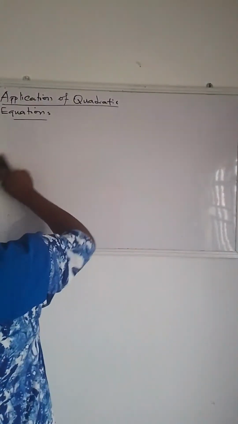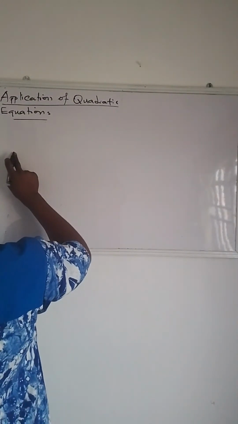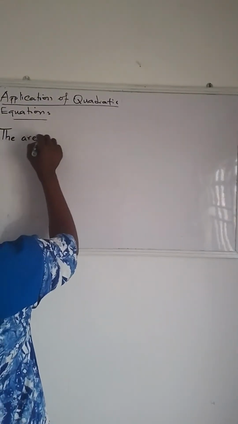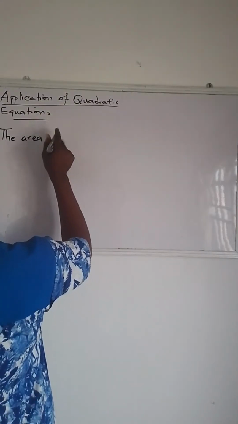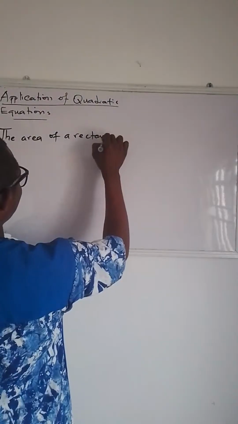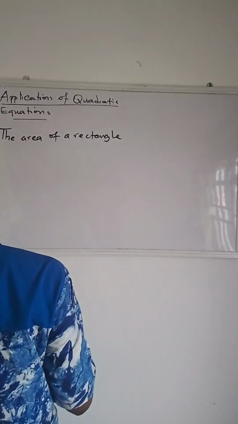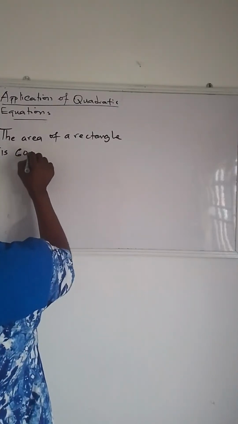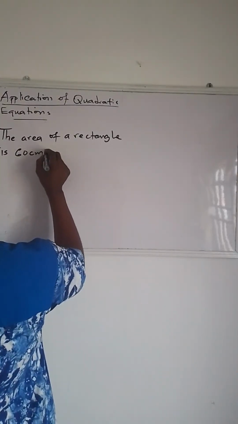Okay, we have this one. The area of a rectangle is 60 centimeter square.